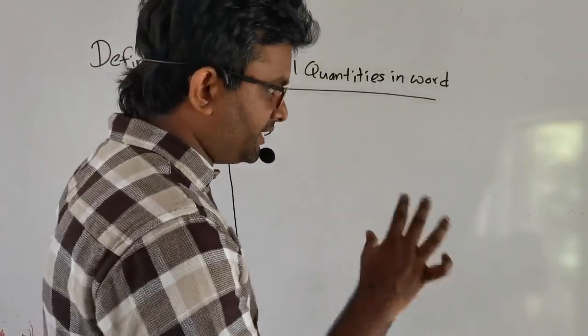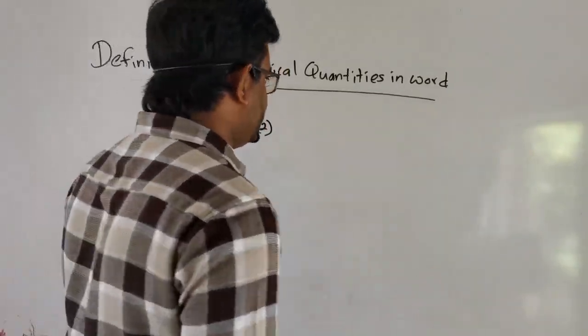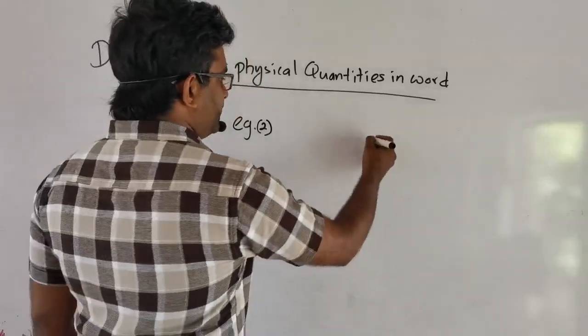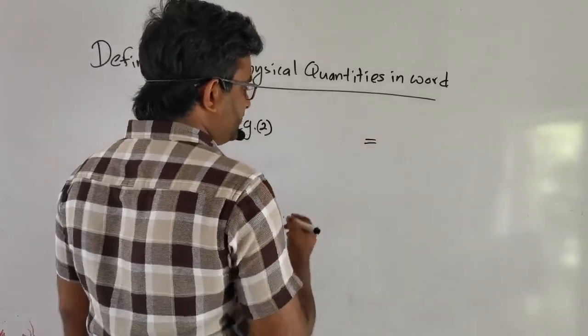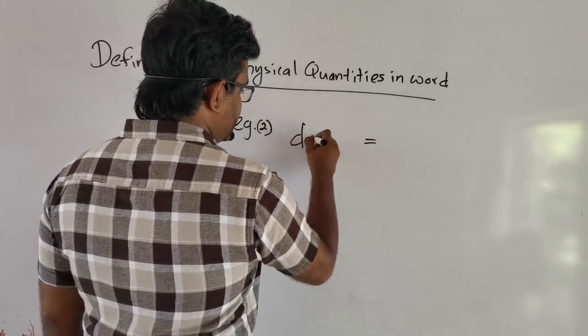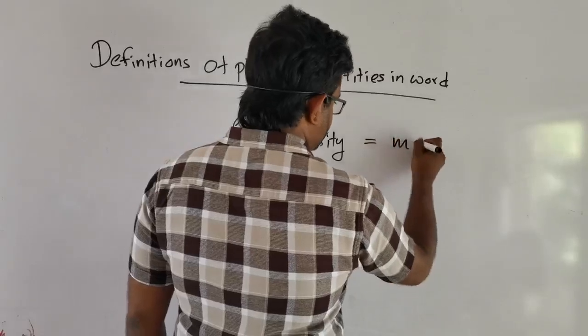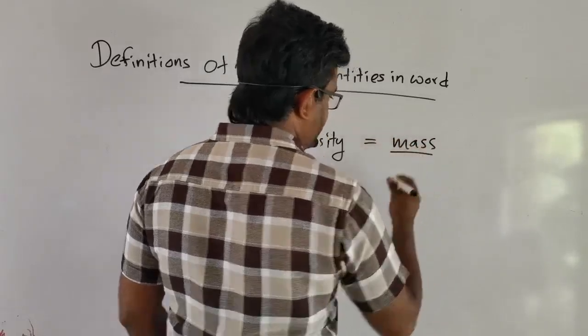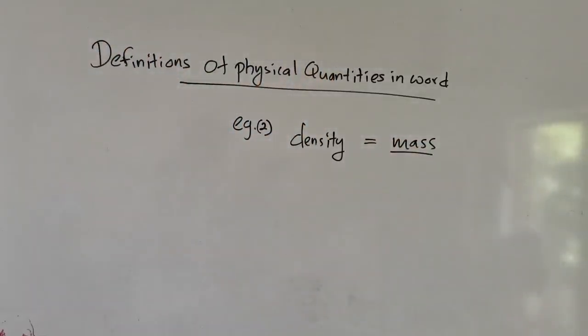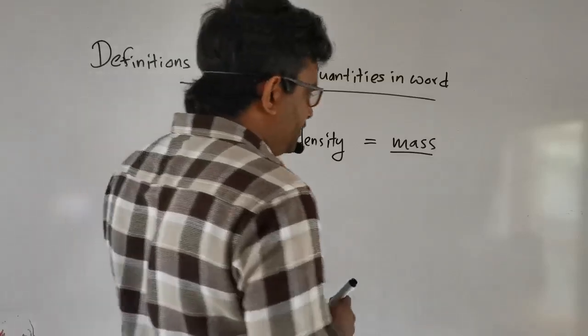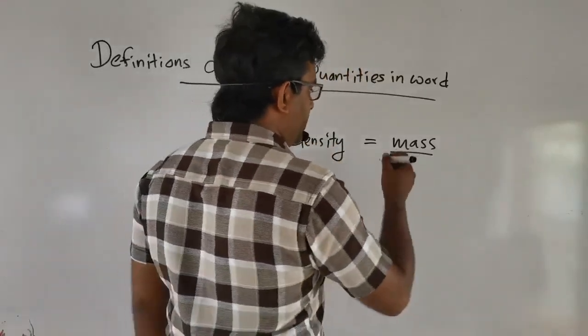First identify the physical quantities, right? Then we can write here, we define density equals mass divided by volume.